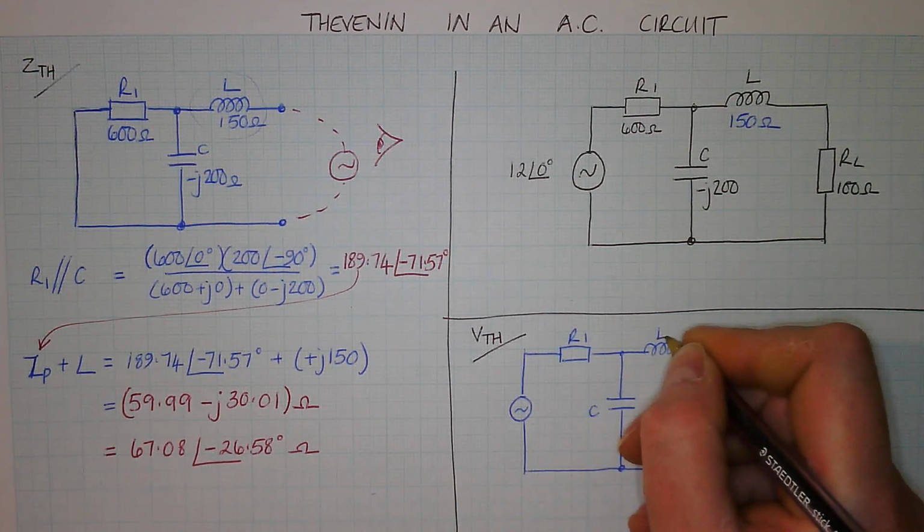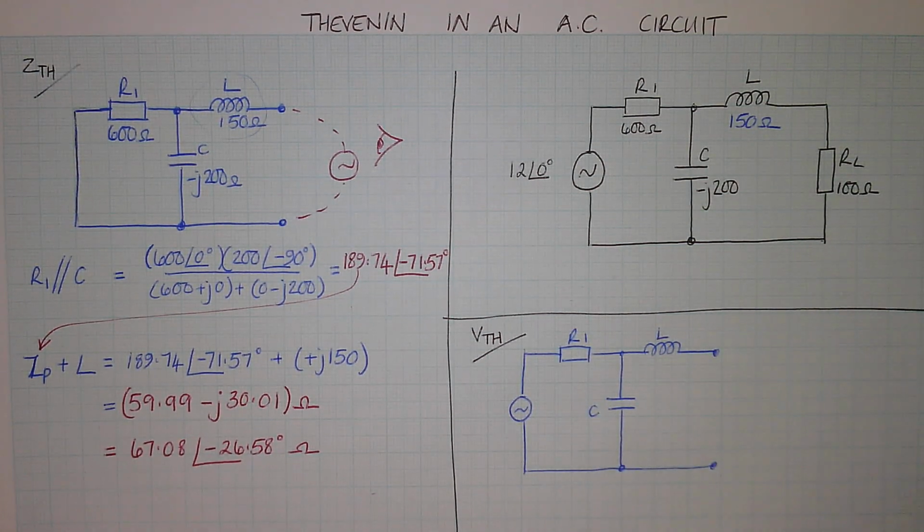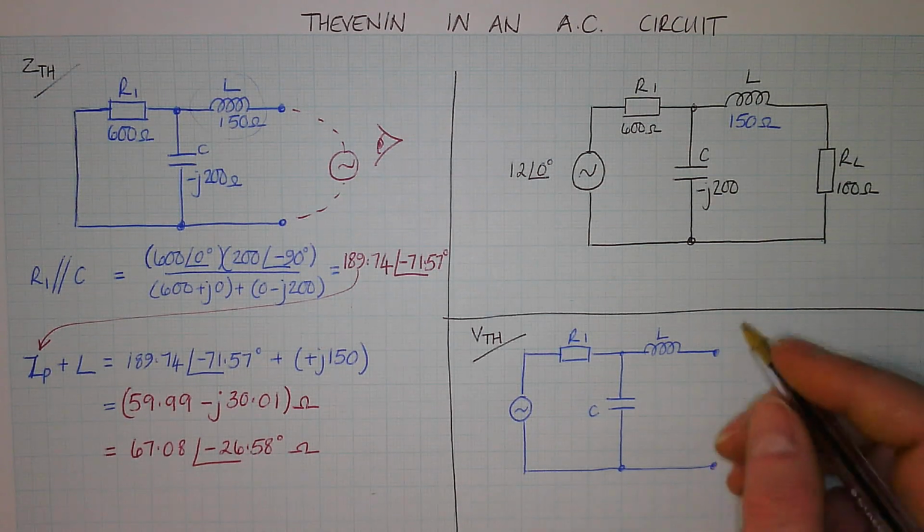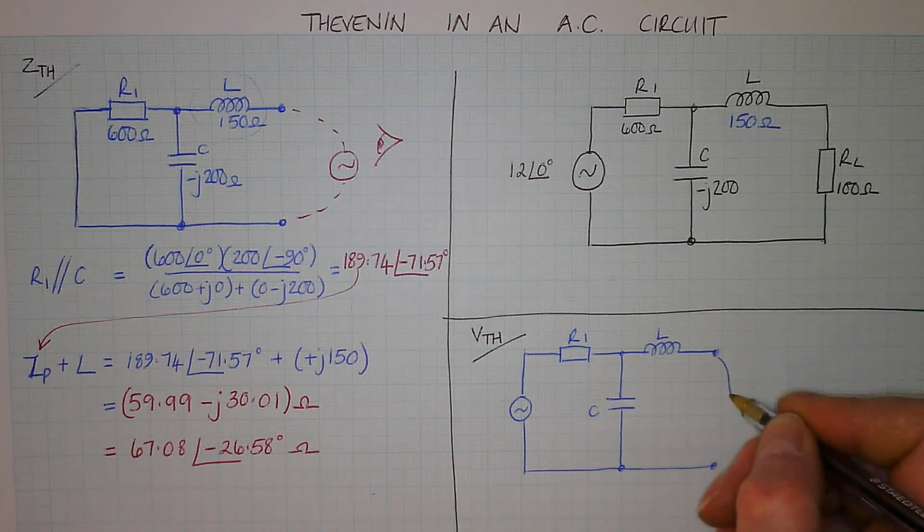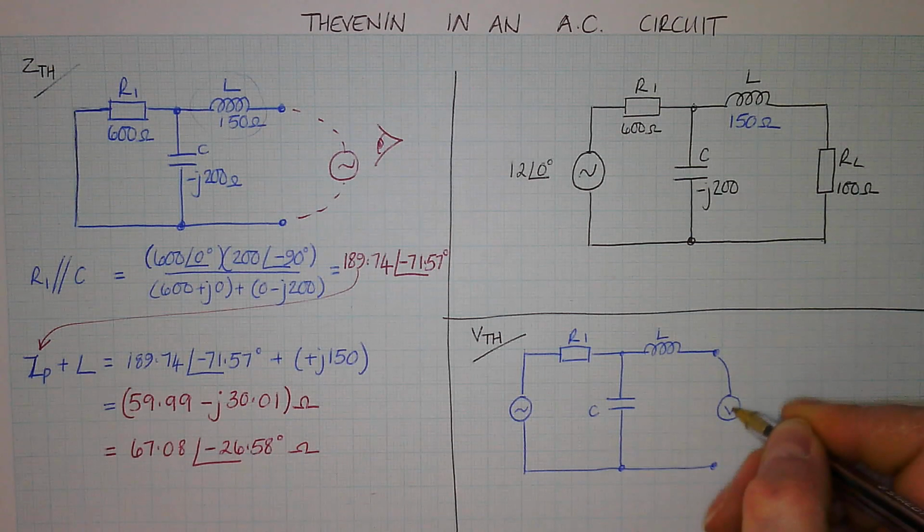I'll just leave my values out just so that it's a wee bit clearer. And what I'm trying to measure is as if I'd taken a voltmeter and put it across here.